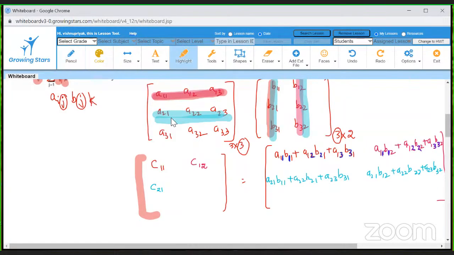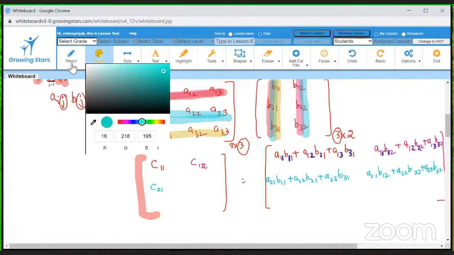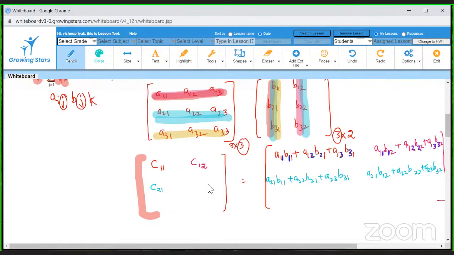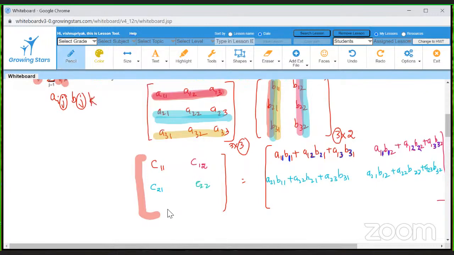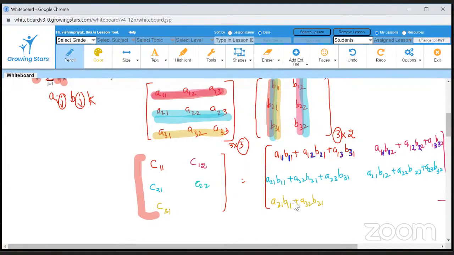Lastly, third row, first column. Third row, first column, C31: A31, B11, A32, B21, A33, B31.